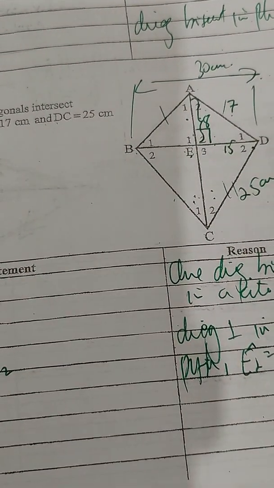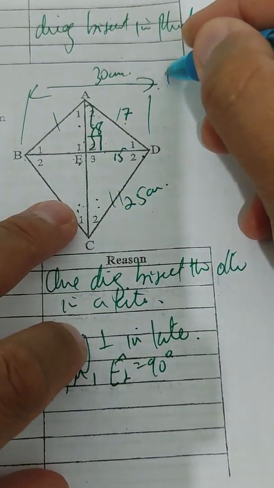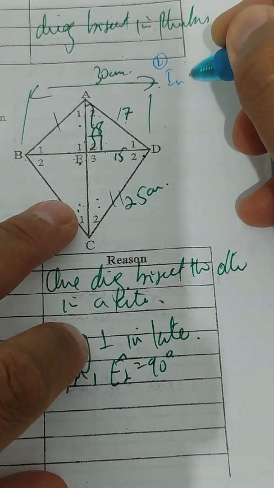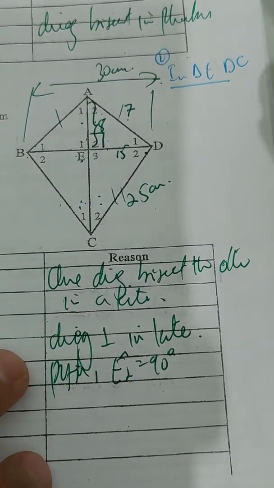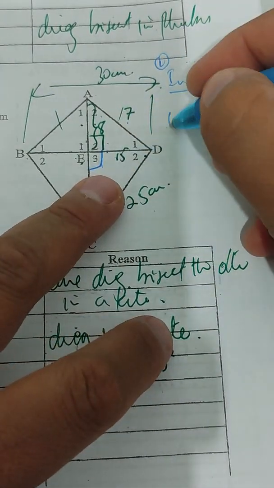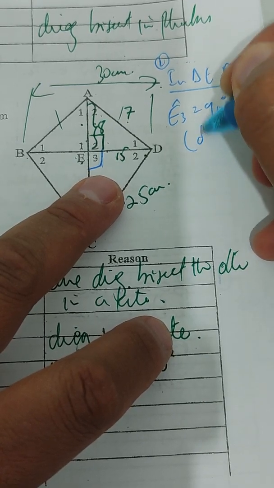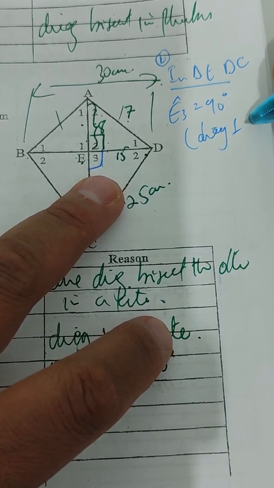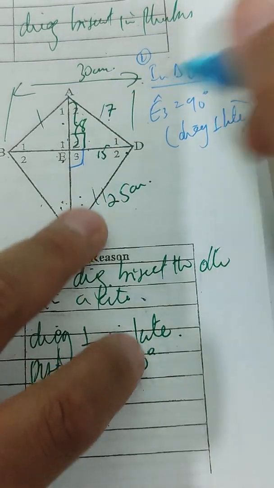I'm going to write it here on the side because of the space, for number 2, in triangle EDC. E3 is 90 degrees. Where do you get that? Diagonals perpendicular in a kite.